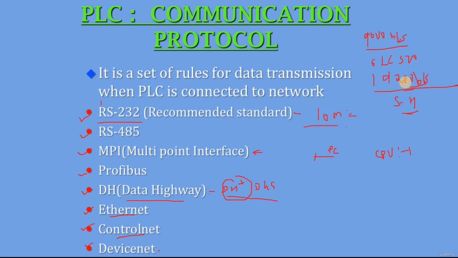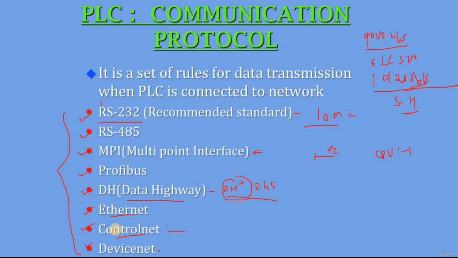If you are going to establish long distance communication, we cannot use the RS-232 communication cable. For that purpose, we have to know in detail about all the communication cables. Here we have a choice for long distance communication, that is ControlNet.